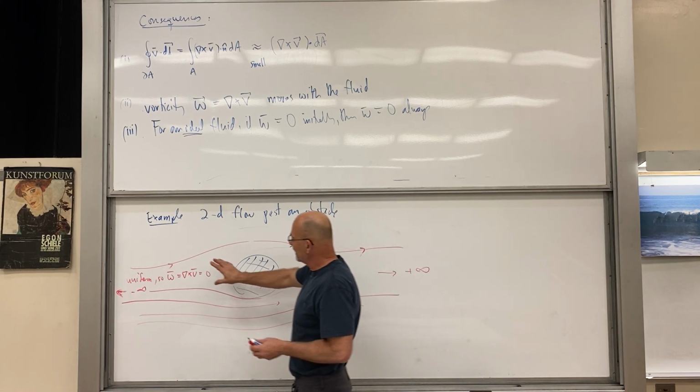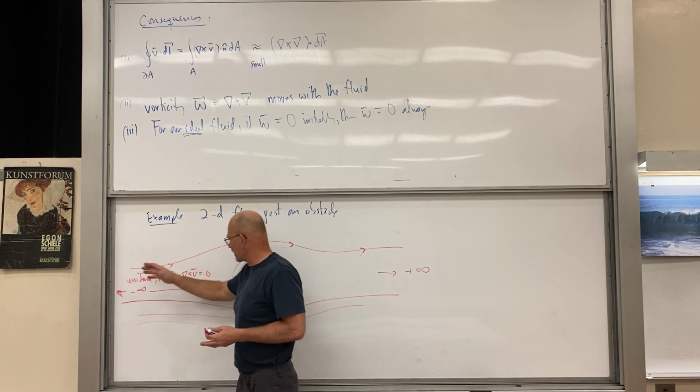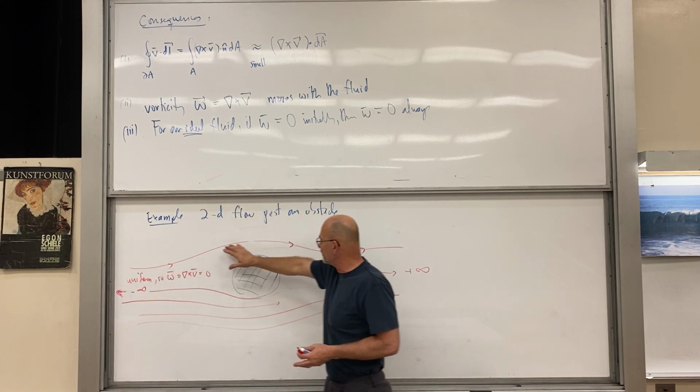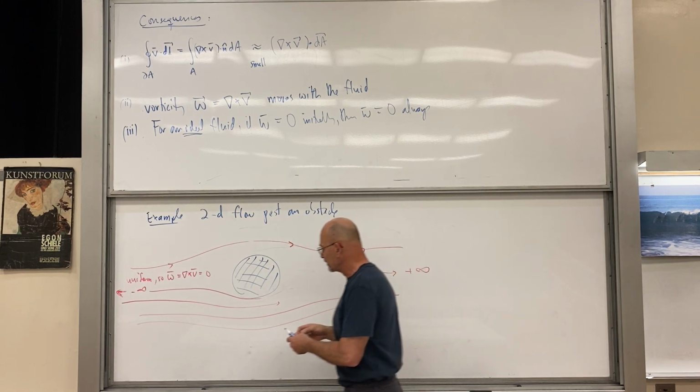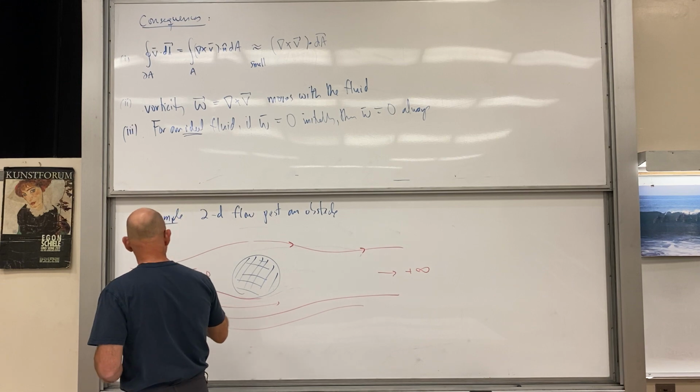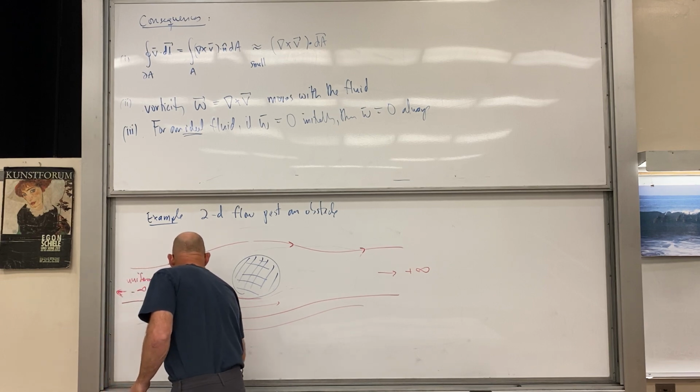So again, in the ideal fluid, no vorticity here at the end, therefore, right, curl is 0. Therefore, curl of V is 0 always going through here. So ideal fluid, ideal omega equals 0 always.